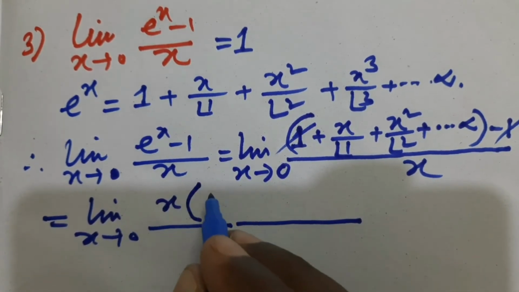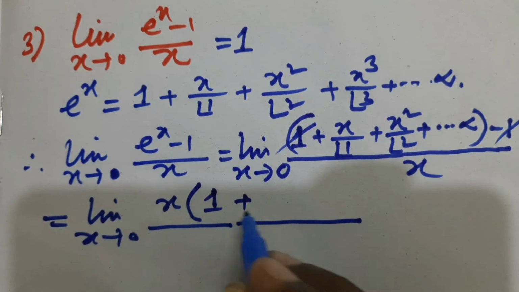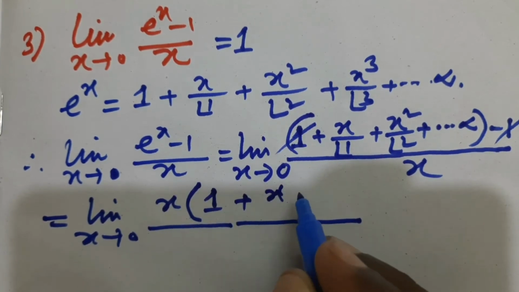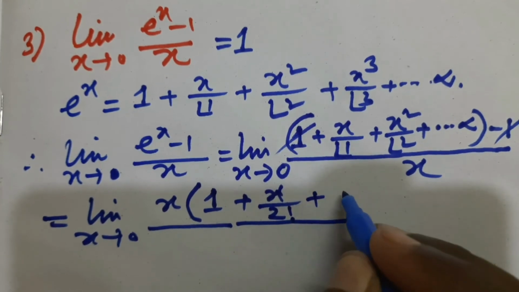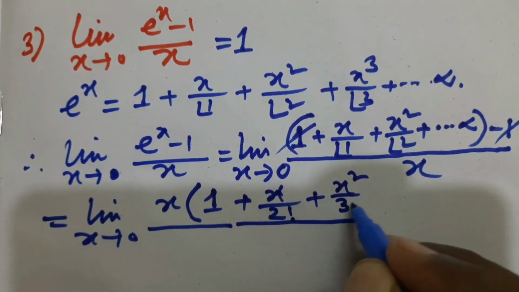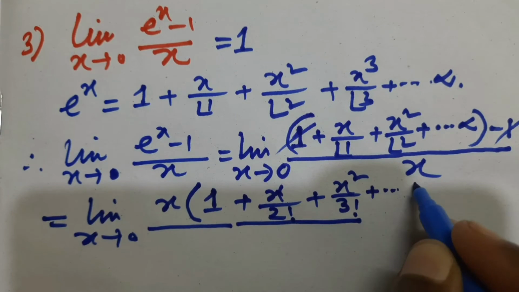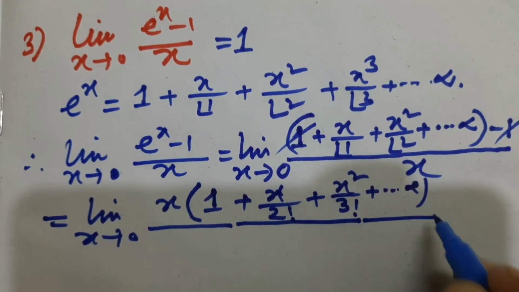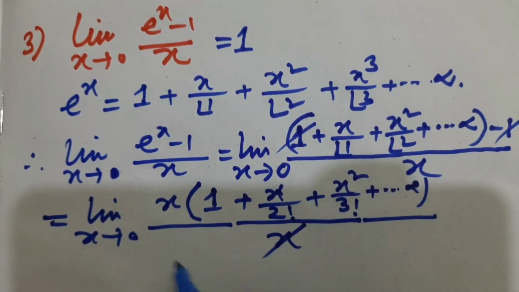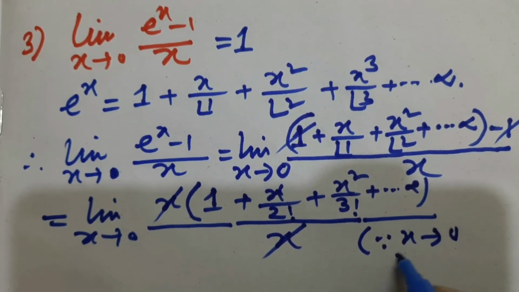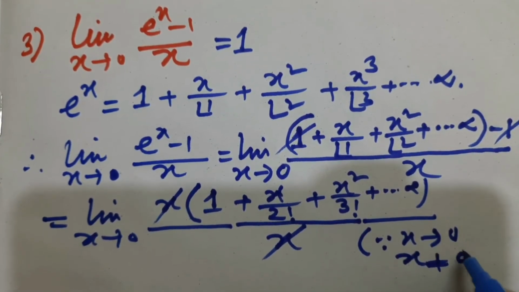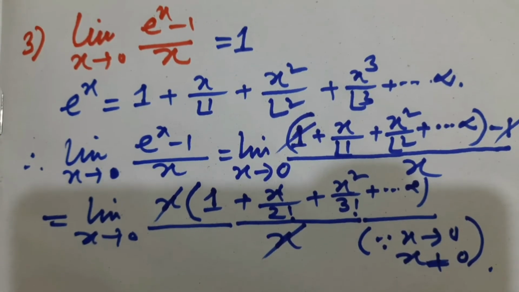Take common x, so 1 here, and x by factorial 2, x square by factorial 3, and divide by x. So x cancels, since x approaches 0, so x never equals 0.